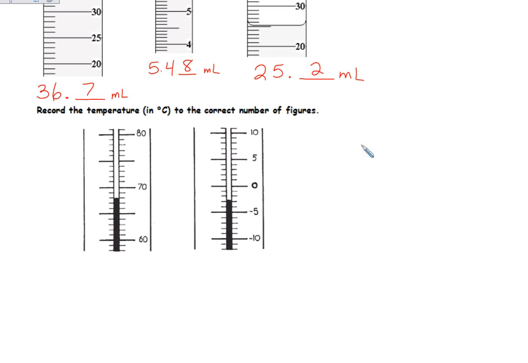Let's see here, this is 60, 70. So we must have 60, 61, 62, 63, 4, 5, 6, 7. Oh boy! What do you think? Like maybe a hair less than the 68?